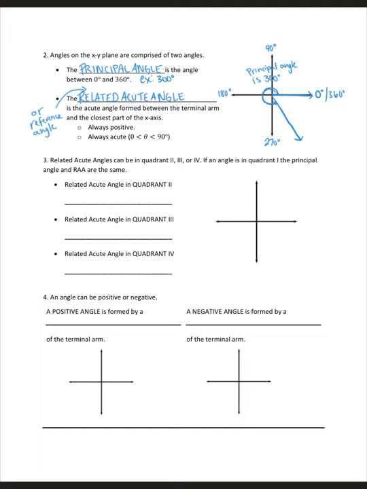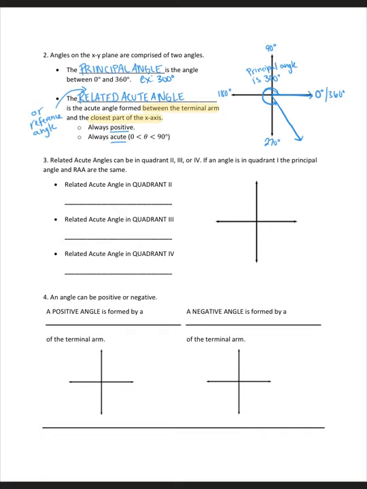So the related acute angle, or your reference angle, is the acute angle formed between the terminal arm and the closest part of the x-axis. So let's just highlight that again, that's a lot. So the related acute angle is the angle formed between the terminal arm and the closest part of the x-axis. So it's always going to be positive and it's always going to be acute. So positive and acute.